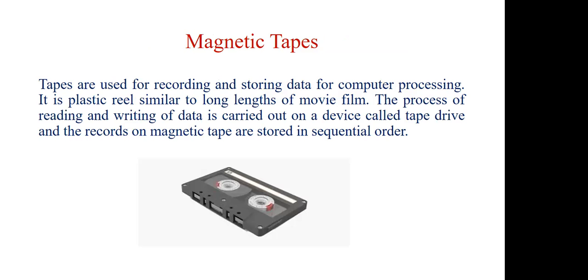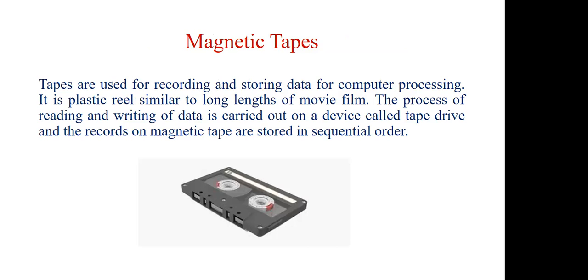Now, magnetic tapes come in different kinds, and they are the best example of this sequential access. Tapes are used for recording and storing data for computer processing. It is a plastic reel similar to long lengths of movie film.